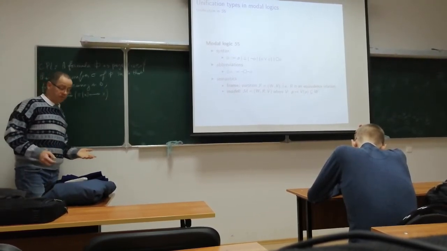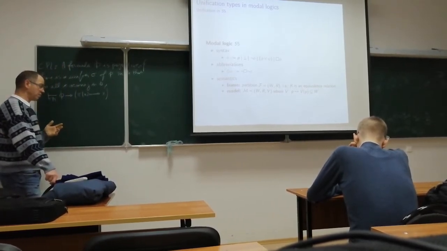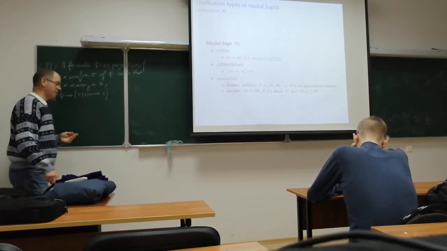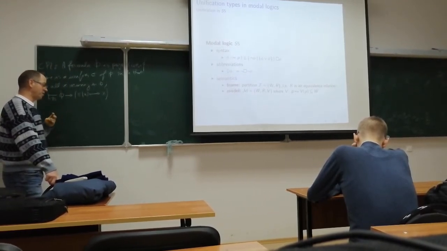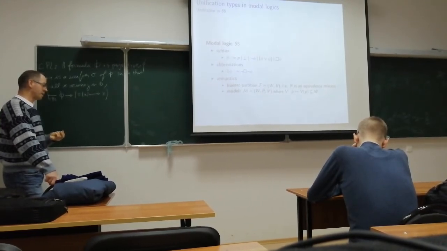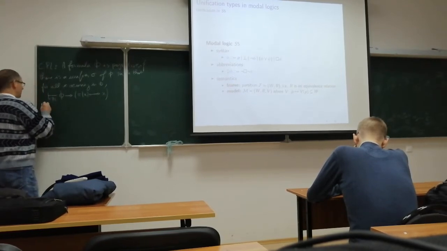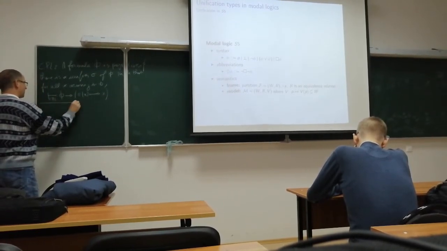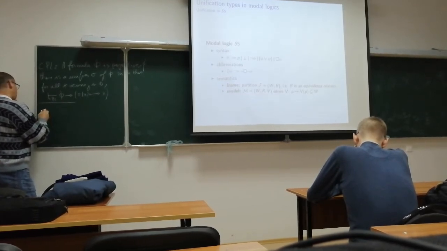It does not give us that CPL is unitary, because to prove that CPL is unitary by means of such a projective unifier, it is needed to show that every unifiable formula possesses a projective unifier. And we have proved it by saying the following.